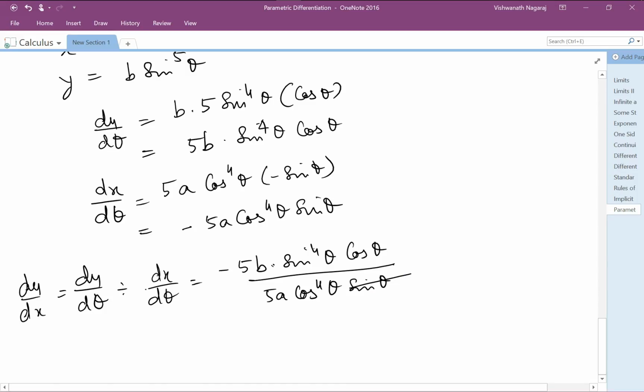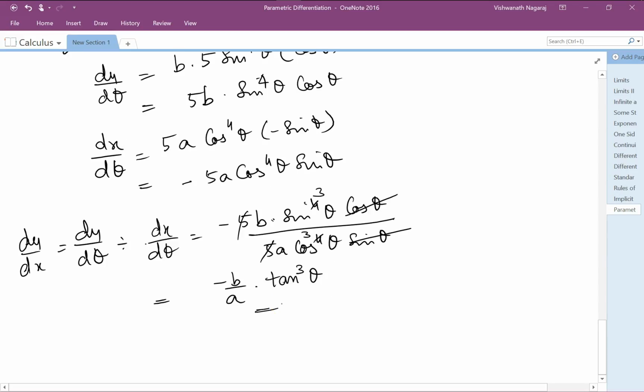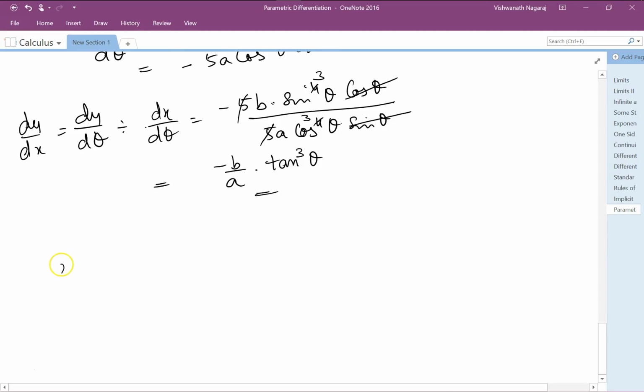So one sin theta and one cos theta go off. So we are left with 5b, and the 5 and 5 get cancelled. So minus b by a, sin cube theta by cos cube theta is tan cube theta. That's the derivative. Okay, let's look at another one.